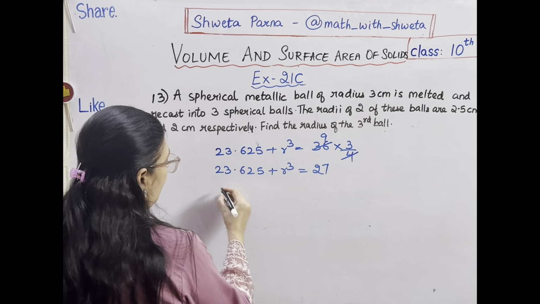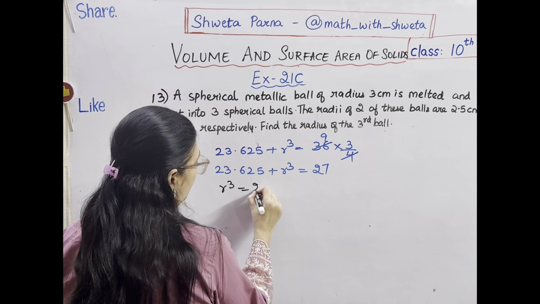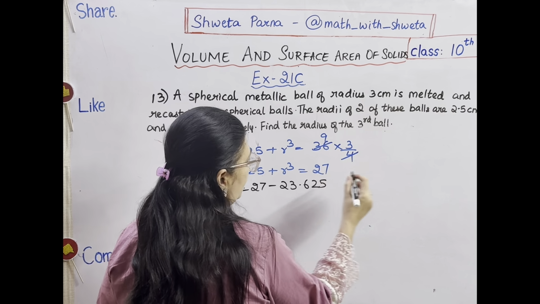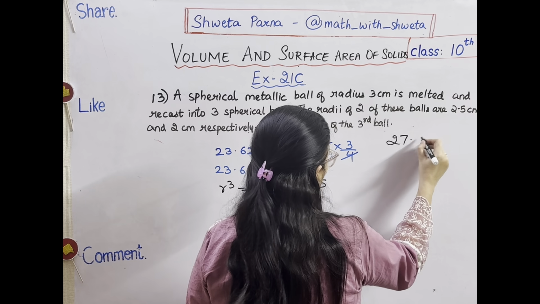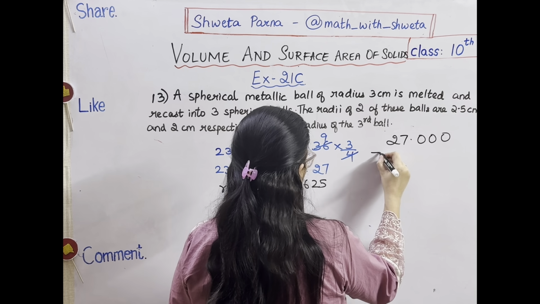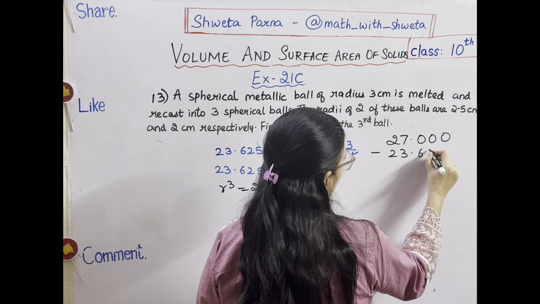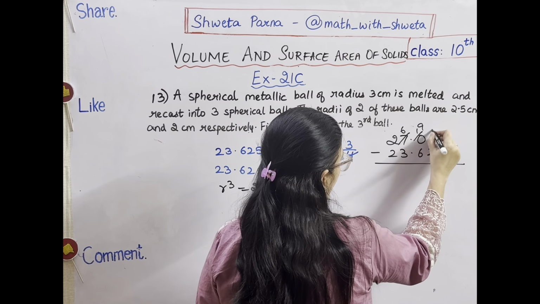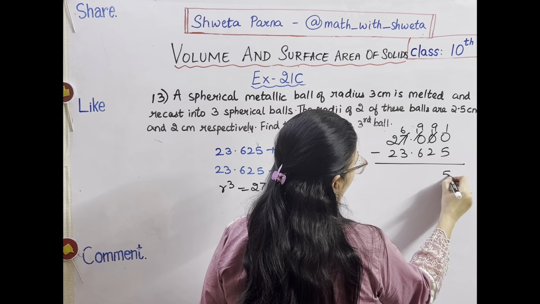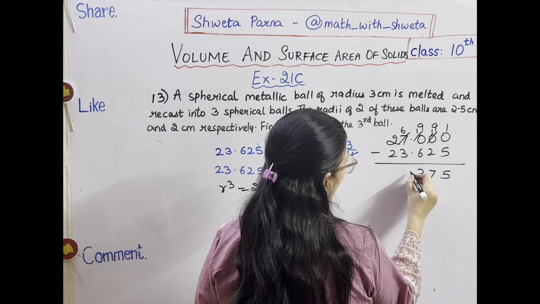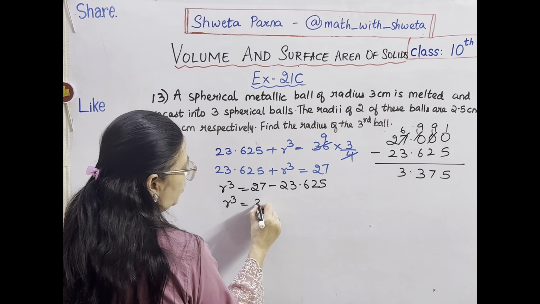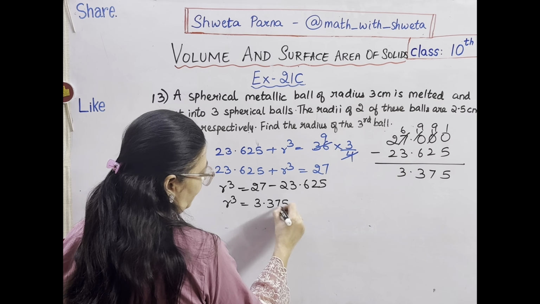So r cube is equal to 27 minus 23.625. So 27.000 minus 23.625. So it is r cube is equal to 3.375.